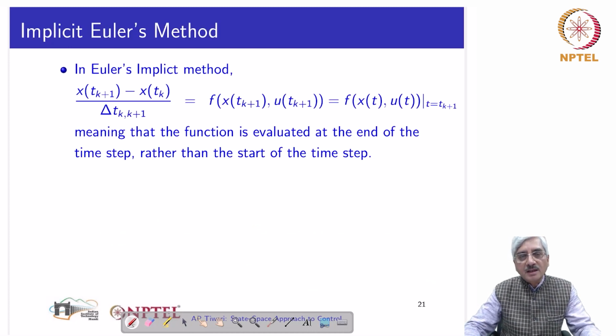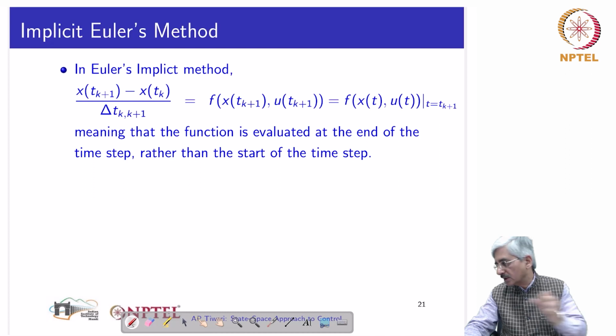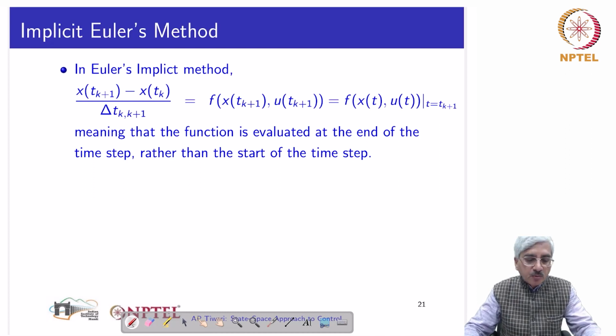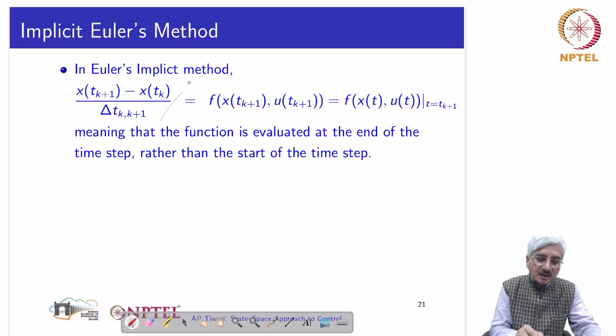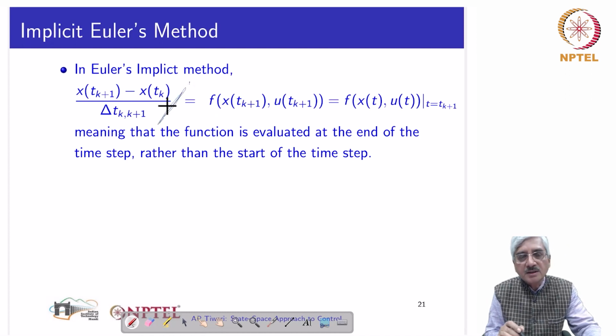Euler's method, or Euler's explicit method, is prone to numerical instability and requires small time steps for solution. The numerical instability problem can be overcome by deploying Euler's implicit method. Essentially, in Euler's implicit method, the left hand side is the same as in the explicit method.